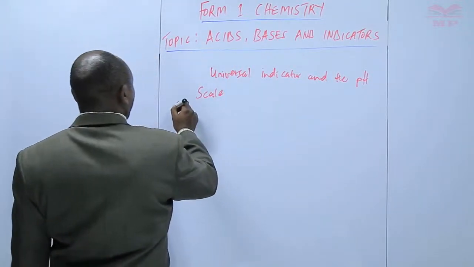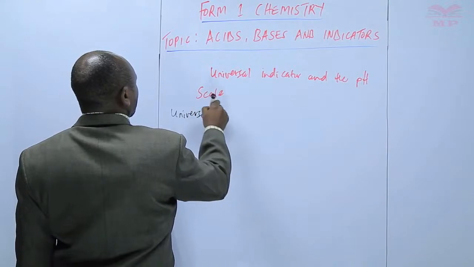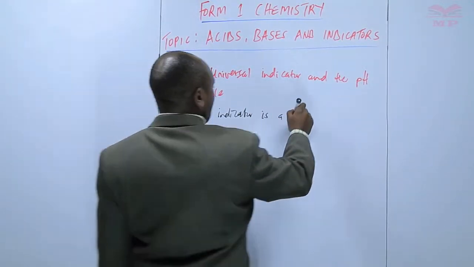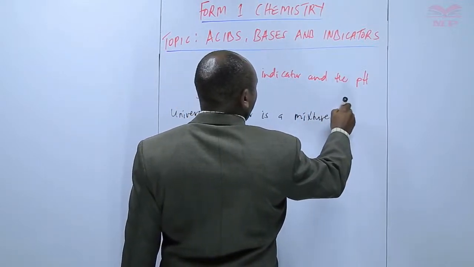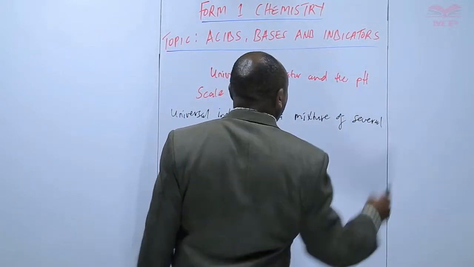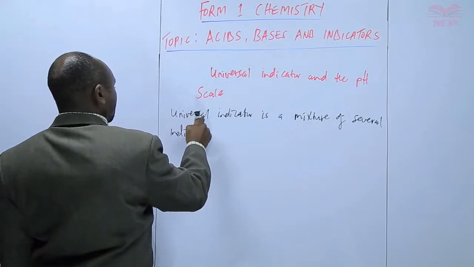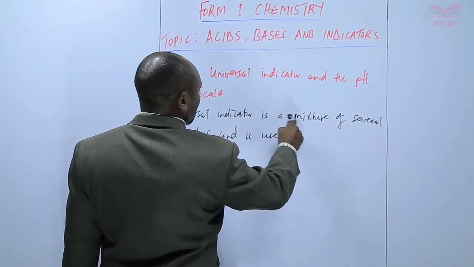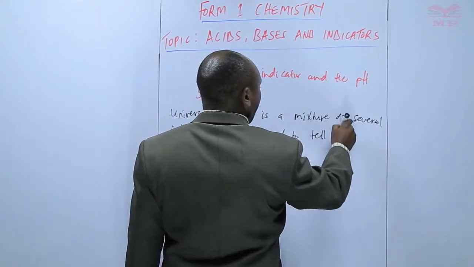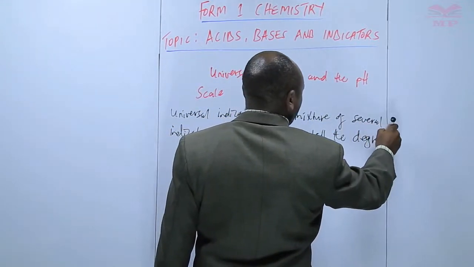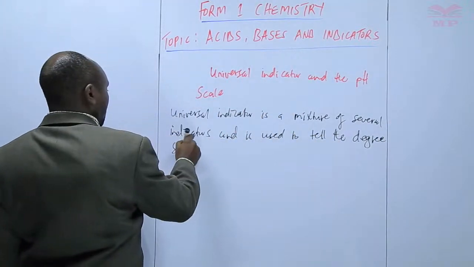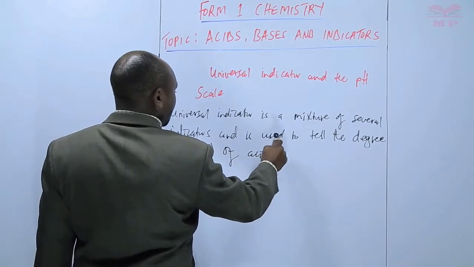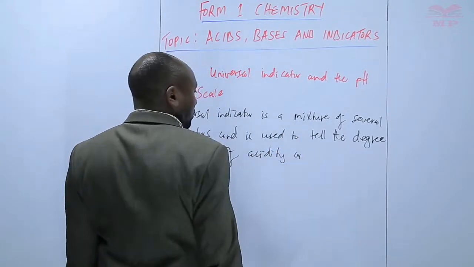So you can say that universal indicator is a mixture of several indicators and is used to tell the degree or the strength of acidity or basicity.